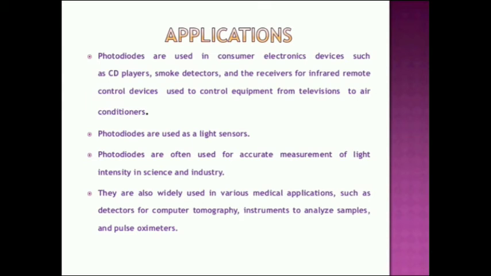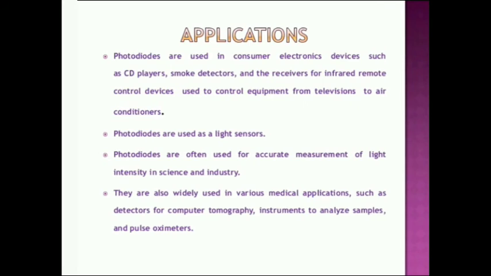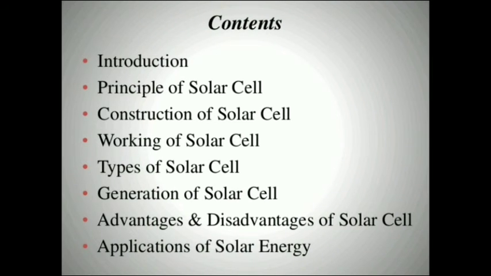They are often used for accurate measurement of light intensity in science and industry. They are also widely used in various medical appliances such as detectors for computer tomography, instruments to analyze samples, and pulse oximeters.